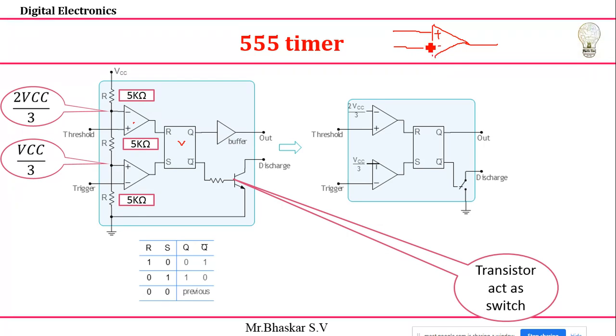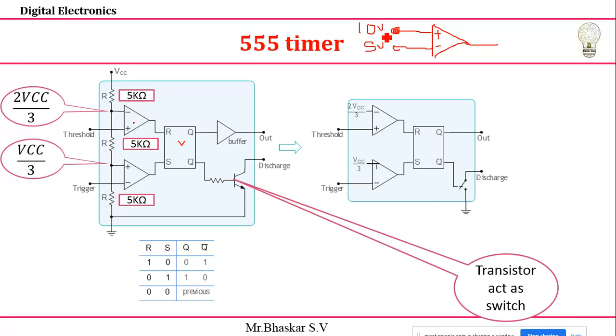So remember, suppose the potential at the non-inverting terminal is greater than at the inverting terminal. For example, I'll take 10 volts at the non-inverting terminal and 5 volts at the inverting terminal.